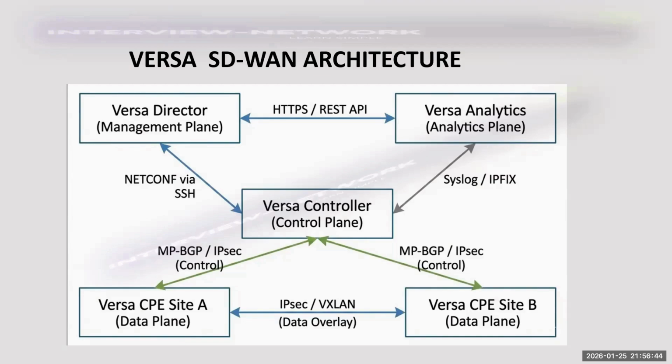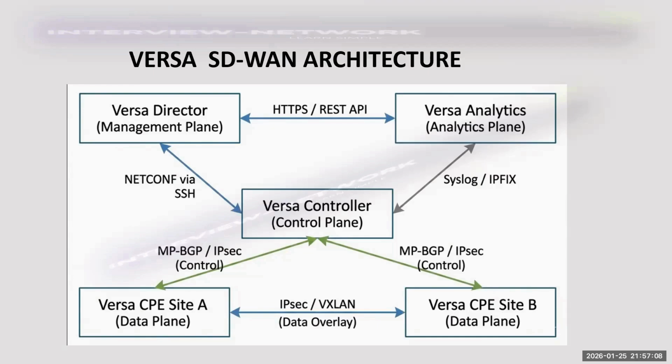You just need to understand that between each site there's an IPsec tunnel. From Versa devices to the controller, an IPsec tunnel is formed, and the communication happens with the routing protocol BGP. That's the main primary protocol that we have. Between Versa controller and Versa director, we have NETCONF, and between Versa controller and Versa analytics, we have syslog or IPFIX.